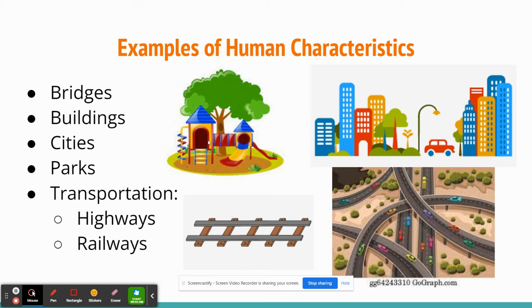So the park starts out as a natural characteristic, a nice piece of land, but then they build on it and they add human characteristics to it. Different things we use for transportation are also human characteristics of geography, like railways and highways, where trains and cars travel. And these are usually all places we could find on a map and name them as a part of the geography of our city or of our state, but they were all made by humans.